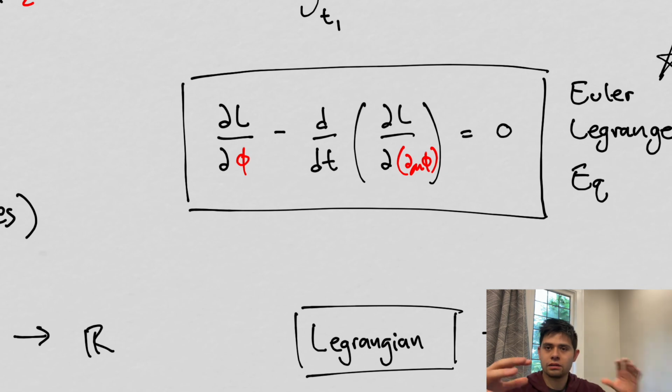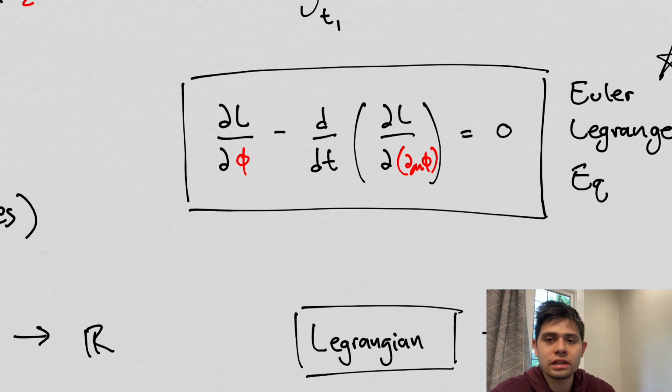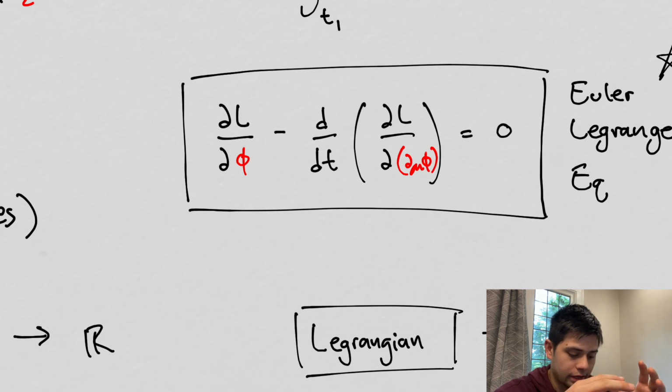But again, I'm a little bit past 30 minutes now, but I can't stress this enough that the next video is going to go over Noether's theorem. I won't go too far down the rabbit hole here, but the point is that everything hinges on the Lagrangian. Absolutely everything hinges on the Lagrangian.